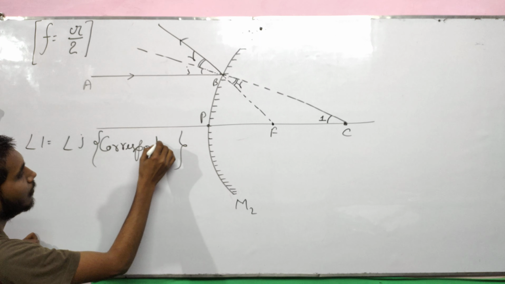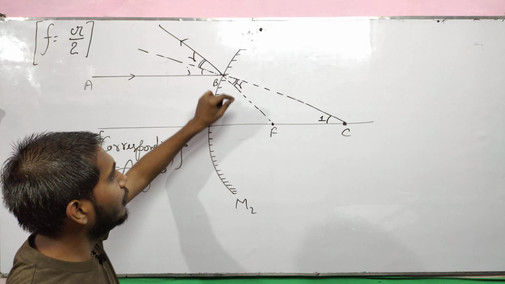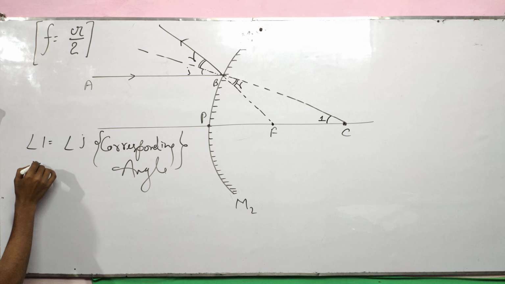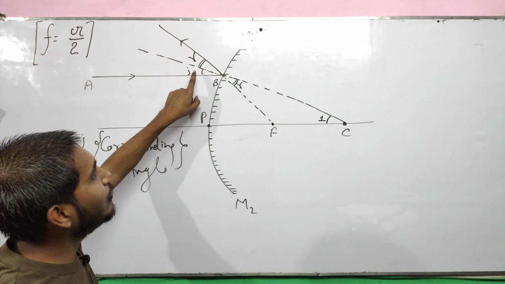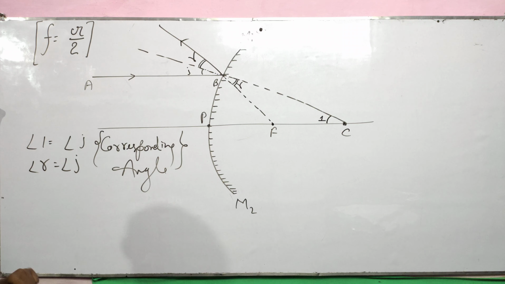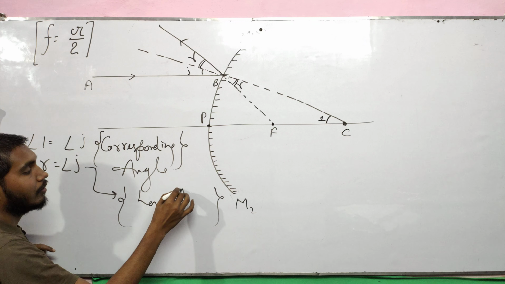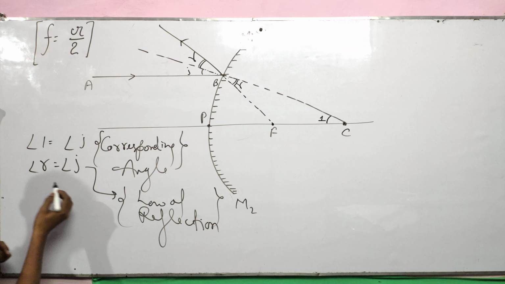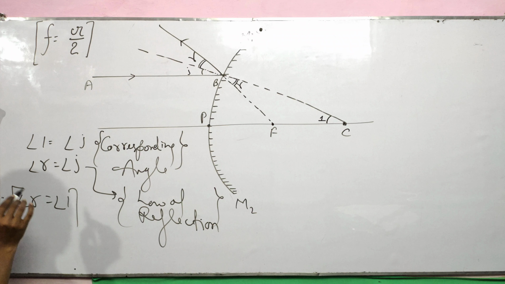And you know very well angle R is equal to angle I. What is the reason? Law of reflection. So R is equal to 1.